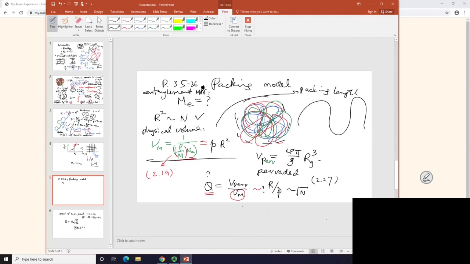So it turns out this P has the meaning of roughly the molecular thickness. It's an absolutely essential concept.